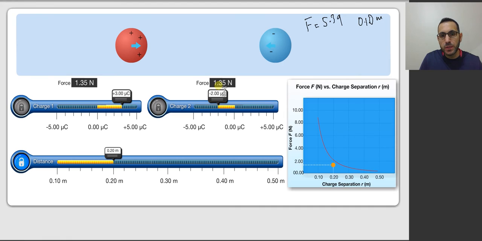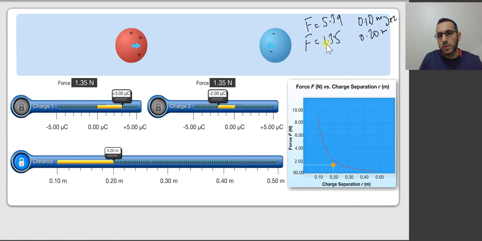Now the force is 1.35. Okay, so F now is 1.35 when the distance is 0.20 meters. The distance now is doubled. Here I have times 2. Now, is the force also doubled?